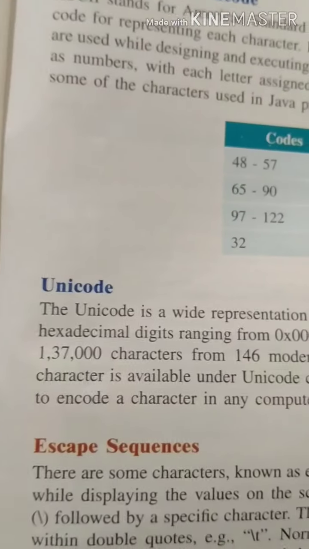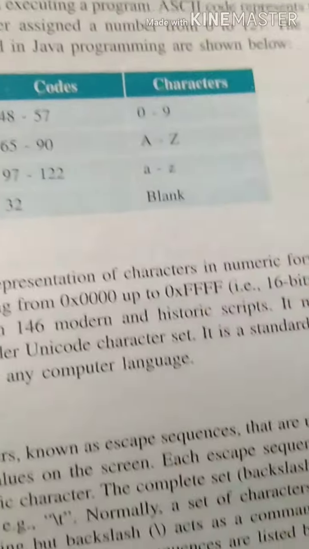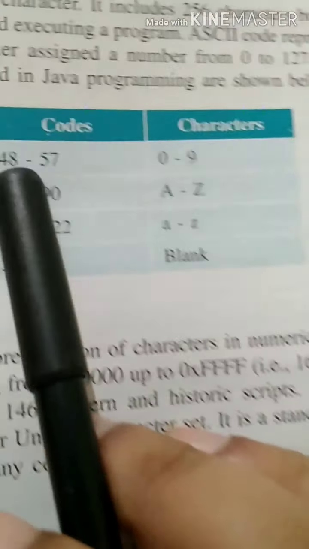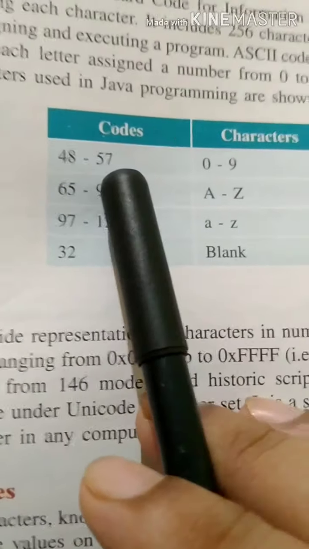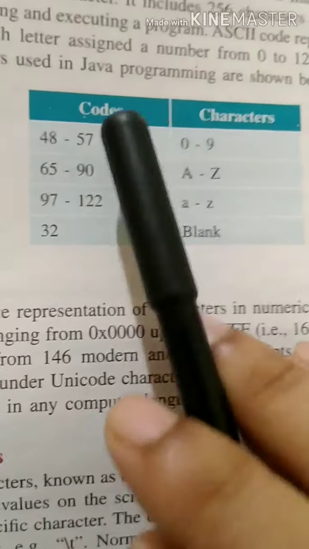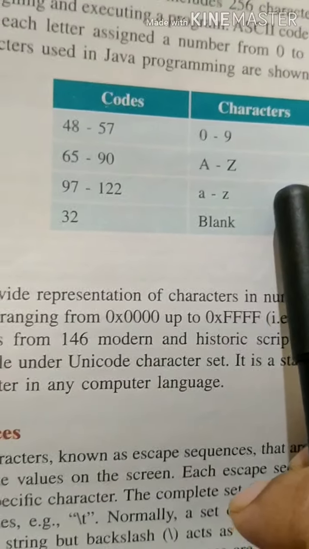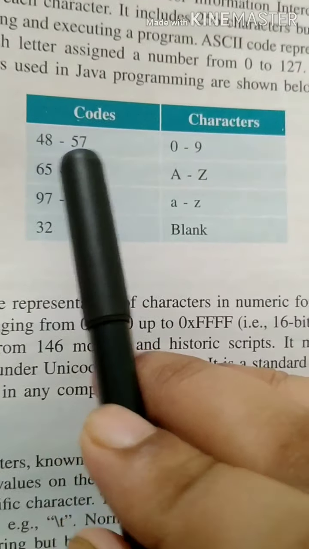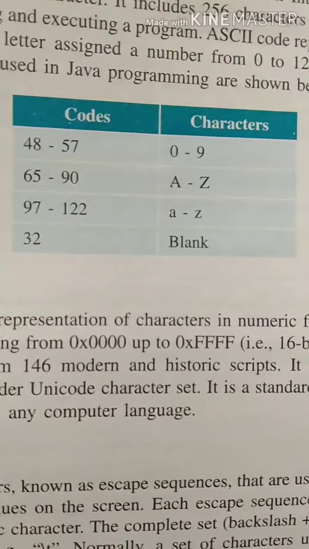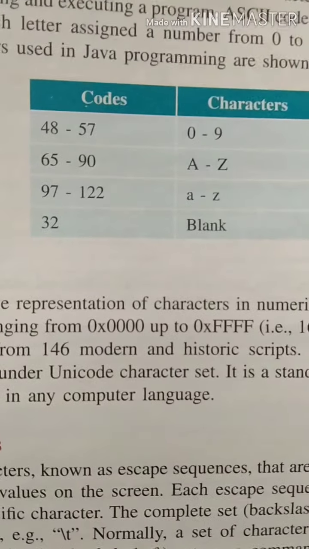Some characters used in Java are given here as examples. 48 to 57 are 0 to 9; codes and characters are given here. 65 to 90 are the capital letters. You can test it.